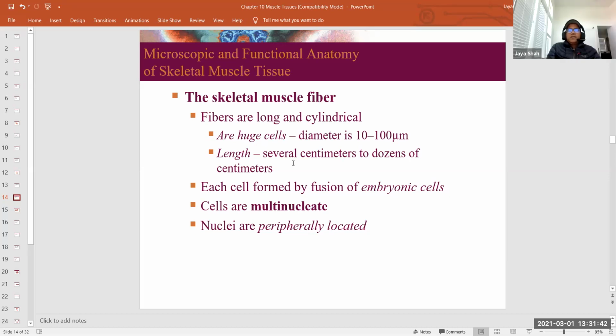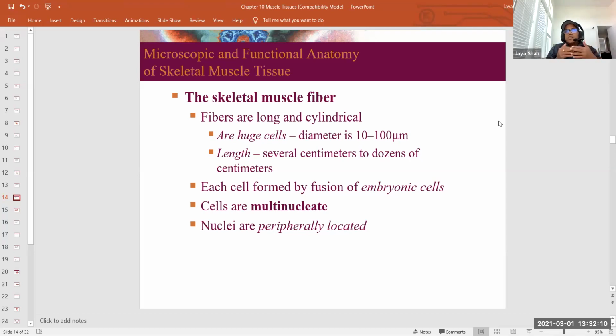Okay. So skeletal muscle cells or fibers are long and cylindrical. They are huge cells. Their diameter is around 10 to 100 micrometers and length several centimeters to dozens of centimeters. So you see, thigh muscles are very long muscle cells. Sartorius muscles in the thigh are very big. Each cell is formed by fusion of embryonic cells.